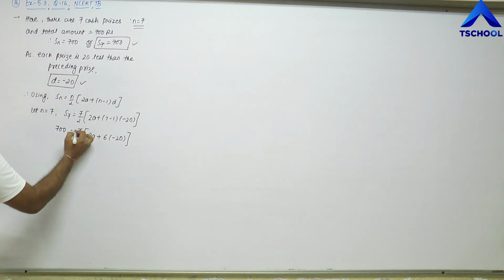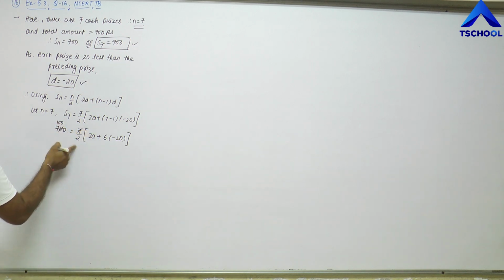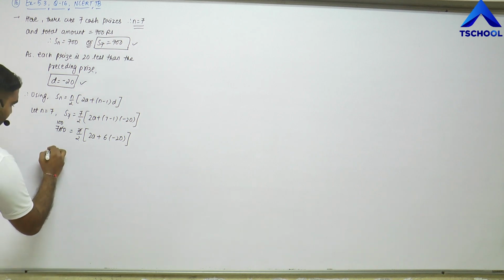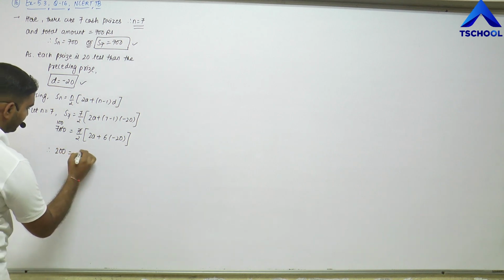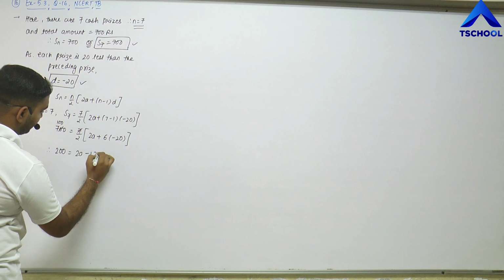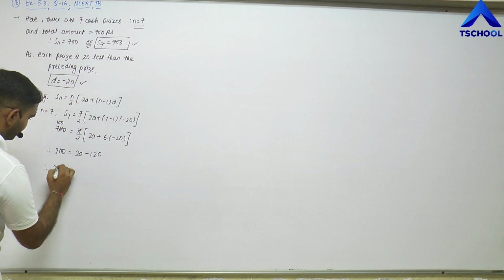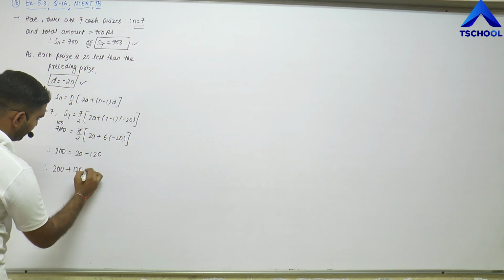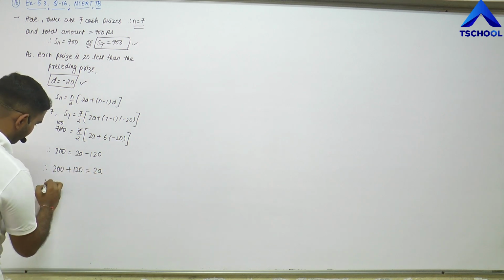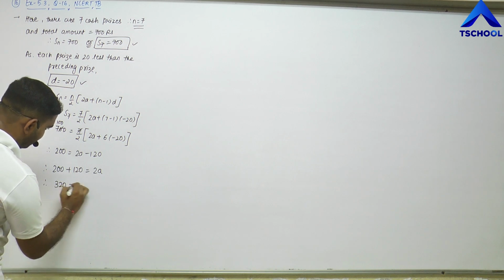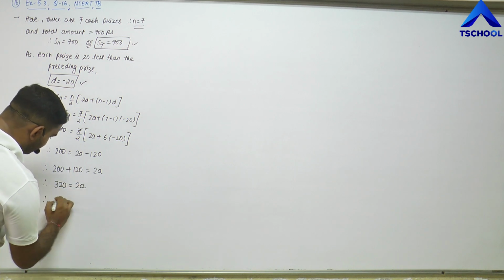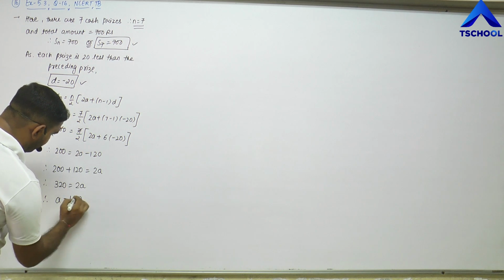Now here you can cancel 7 to 700 by 100. 2 will be multiplied here. Therefore 200 is equals to 2a minus 120, right? 2a minus 120, because 6 into minus 20, that is minus 120. Taking minus 120 here, that is 200 plus 120 is equals to 2a, that is 320 is equals to 2a, and hence a is equals to 160.